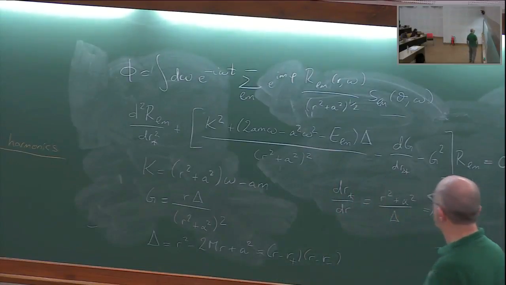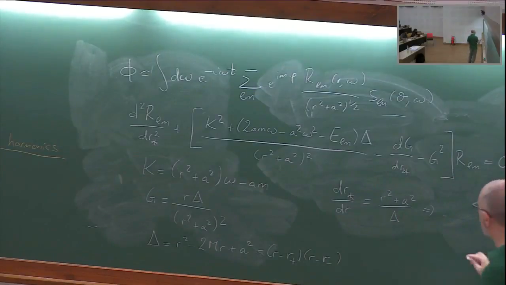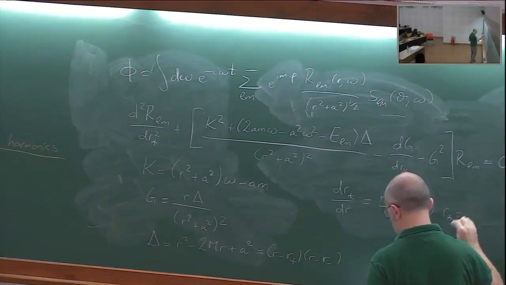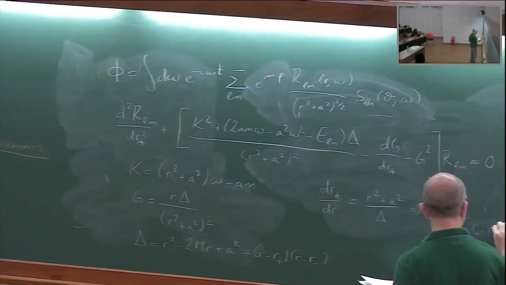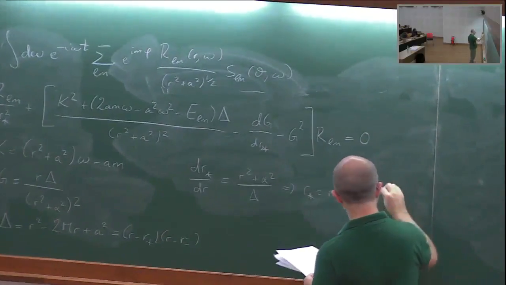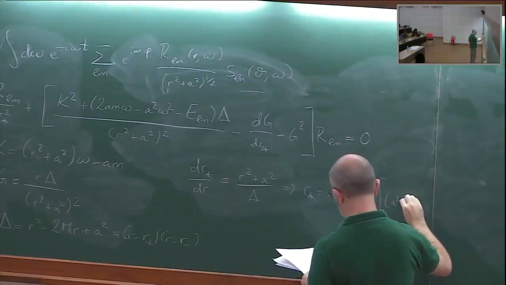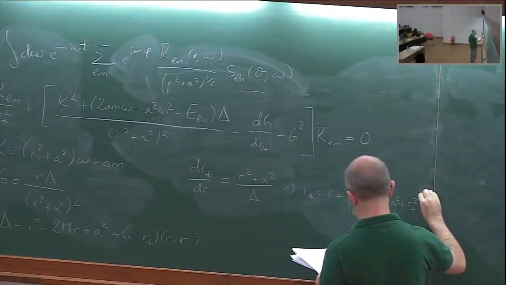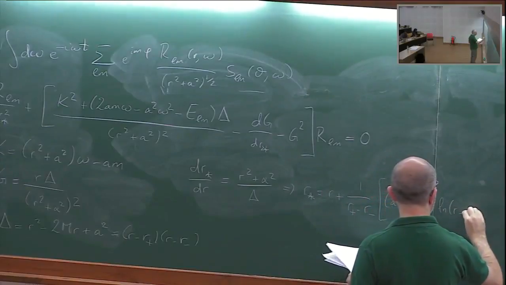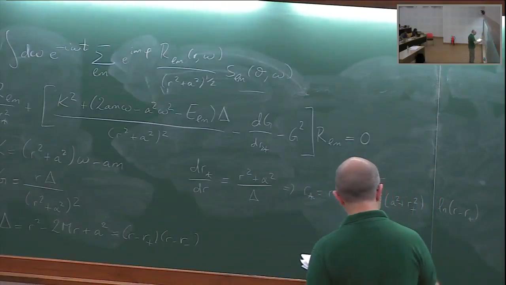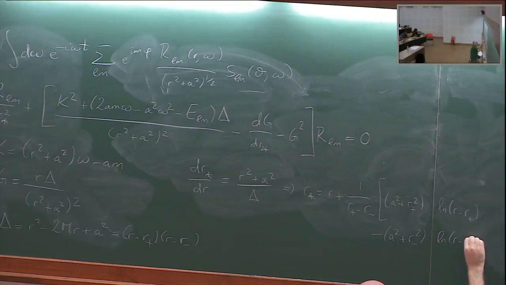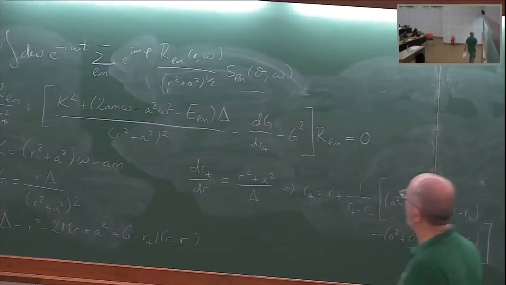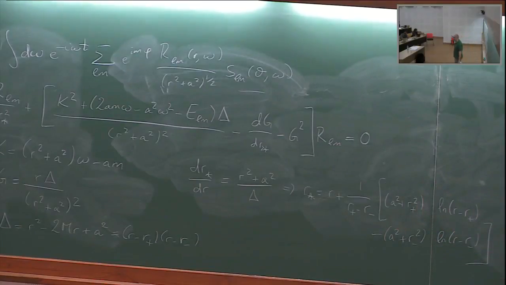It's not obvious, but let me write down that from this you can find r star by integration, and it's given by r star equal r plus 1 over (r plus minus r minus) times [(r plus squared plus a squared) log (r minus r plus) minus (r minus squared plus a squared) log (r minus r minus)]. I just recomputed this morning because I couldn't remember it anymore, but okay.